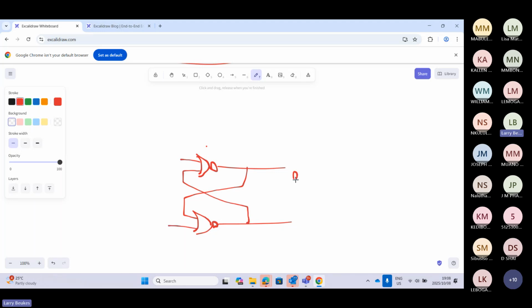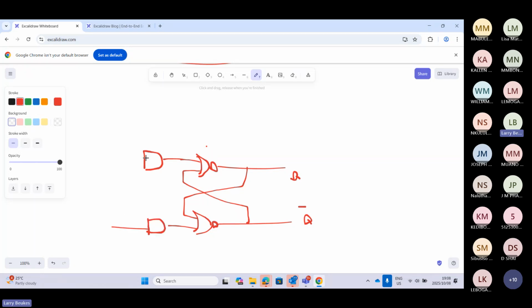We know this is normally our Q, and then this is normally our Q naught, right? Then we know this was going to be our R, this was going to be our S. So now we need to add an AND gate here. An AND gate here, right?